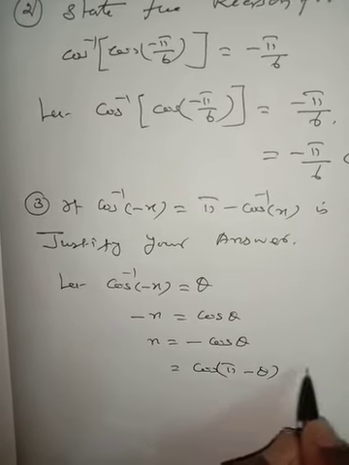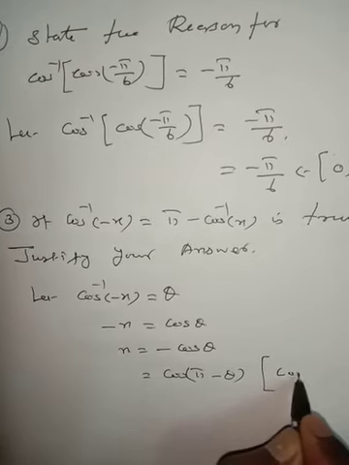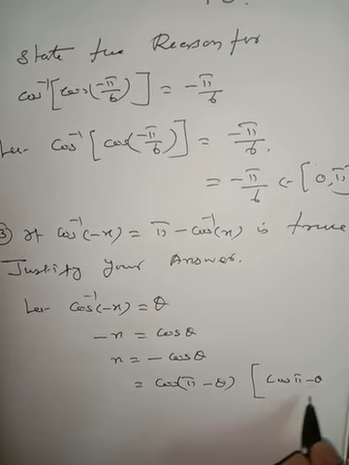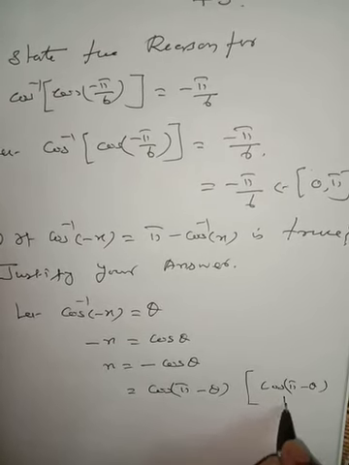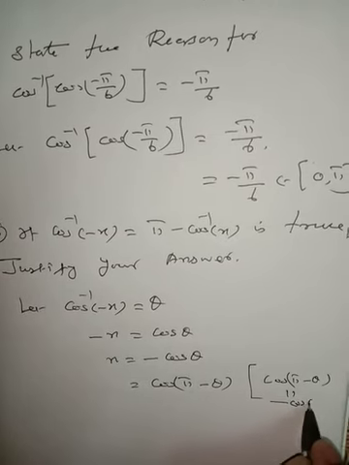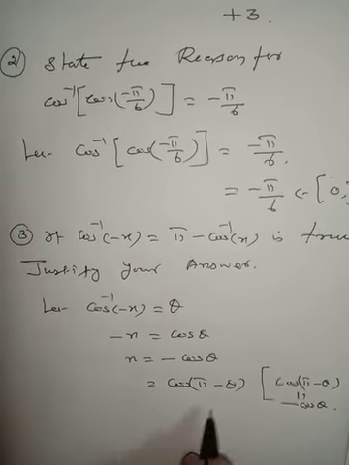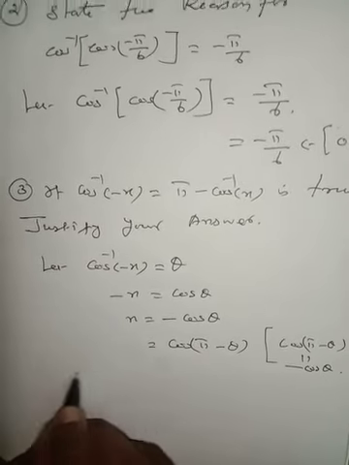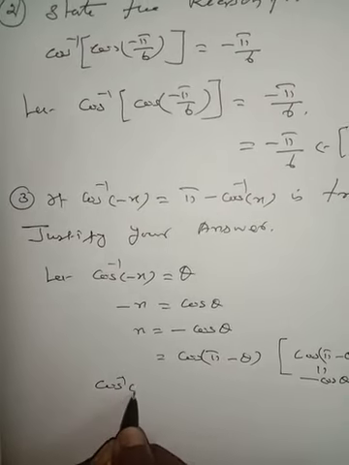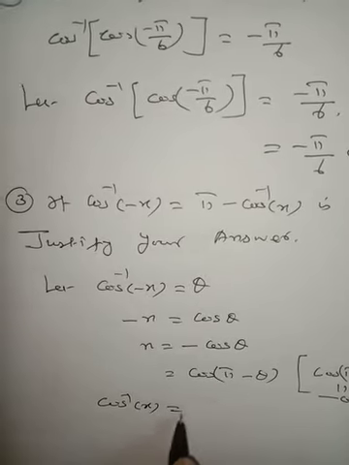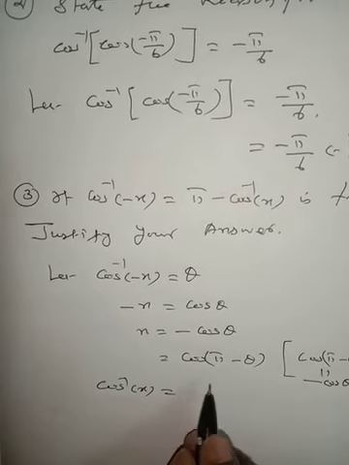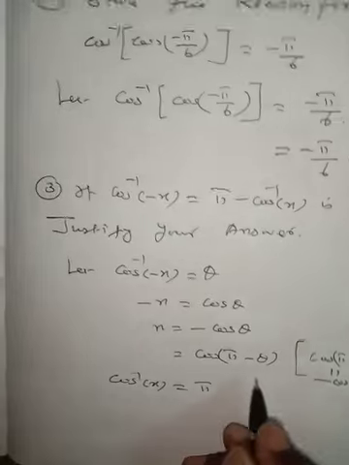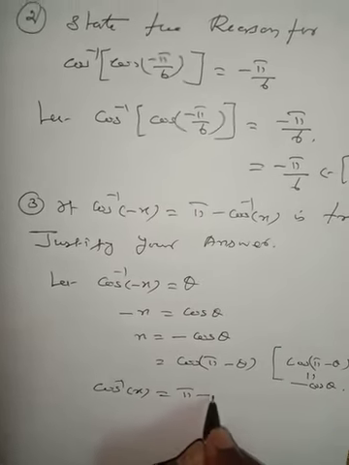We know that cos of pi minus theta is equal to minus cos theta. Now x is equal to this. Next, cos inverse of x is equal to pi minus theta.